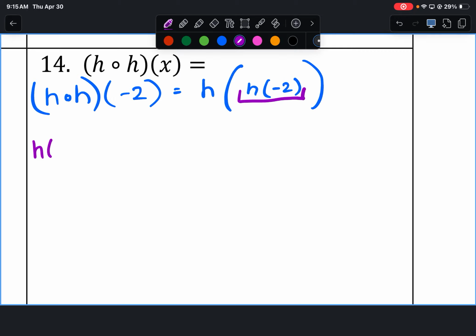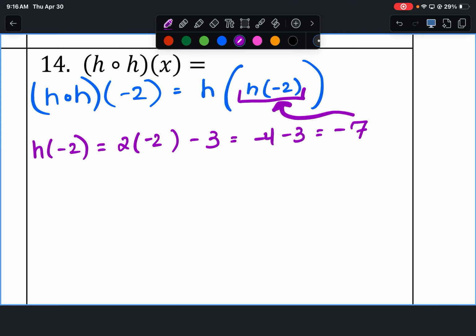So we're going to do h of negative 2. So we're going to take function h, which is what? 2x minus 3. And I'm going to plug in negative 2. What is 2 times negative 2? What is negative 4 minus 3? Negative 7.